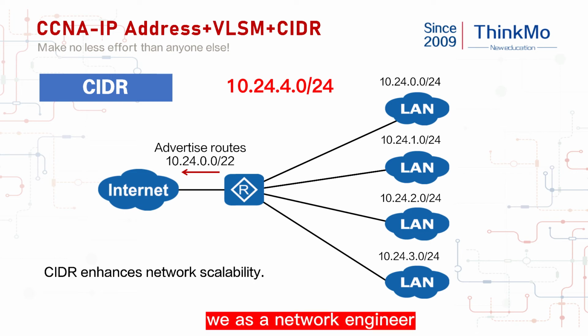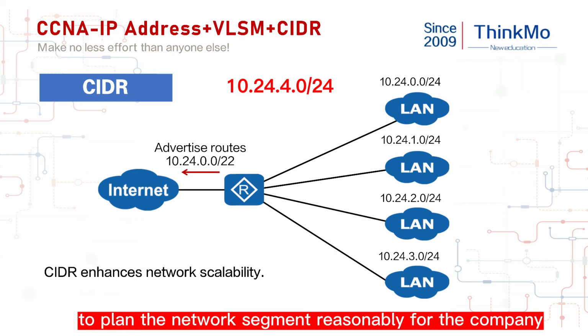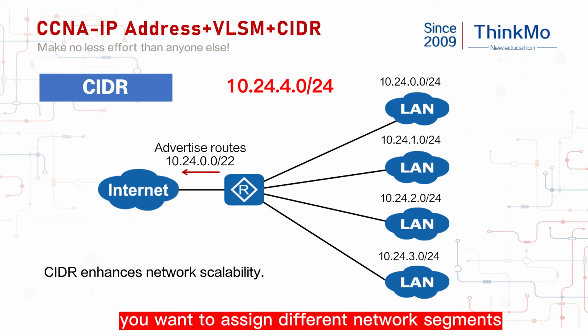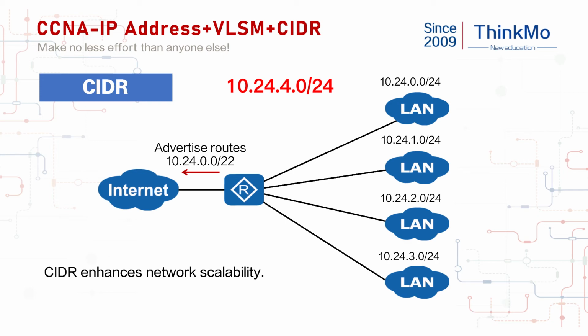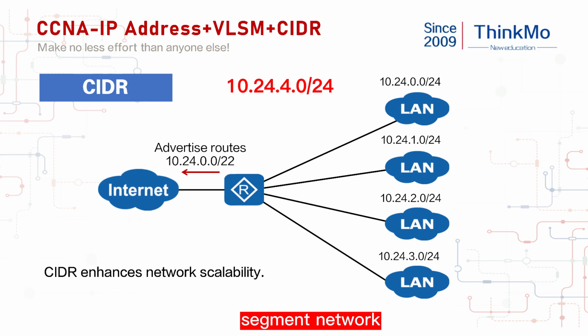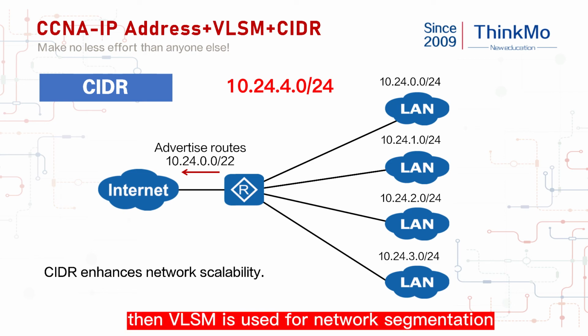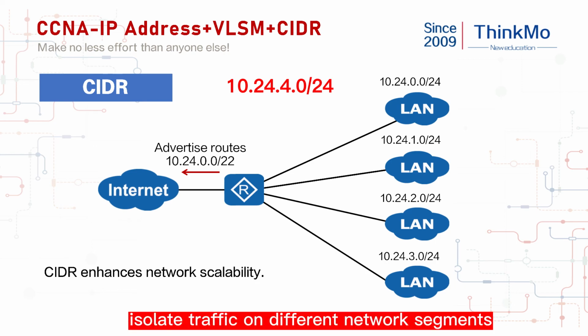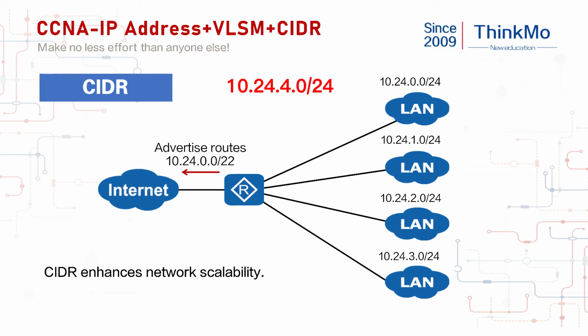We as a network engineer plan the network segments reasonably for the company. It's equivalent to assigning different network segments to different departments of the company. We won't talk about switching technology today, in terms of simply dividing the network. VLSM is used for network segmentation, to divide subnets and isolate traffic on different network segments.